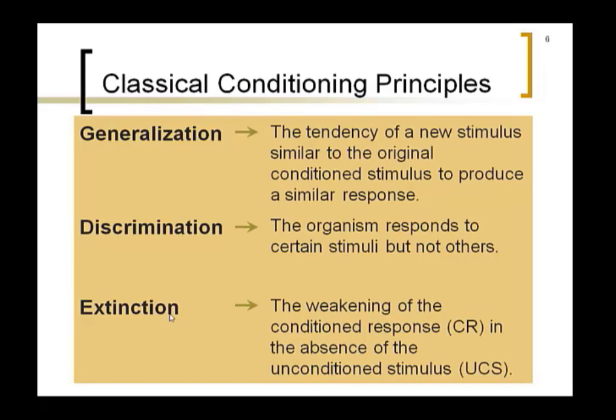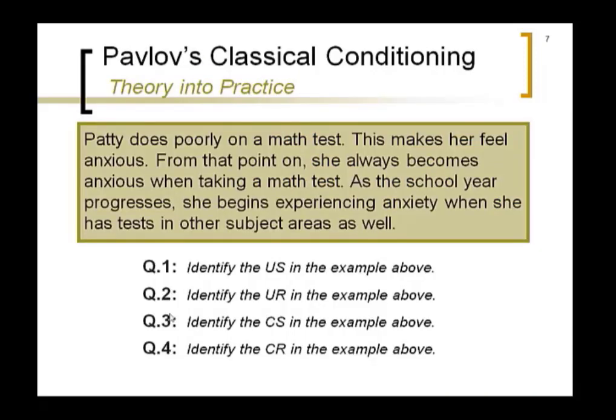So maybe your partner switches to a different cologne or perfume, and somebody at work starts wearing that cologne or that perfume. Initially, you will still respond to that smell because you've been trained to, but over time, if you don't have an association between that smell and your partner, you will lose that conditioned response. It won't mean anything for you anymore. So extinction is just unlearning of your conditioning.